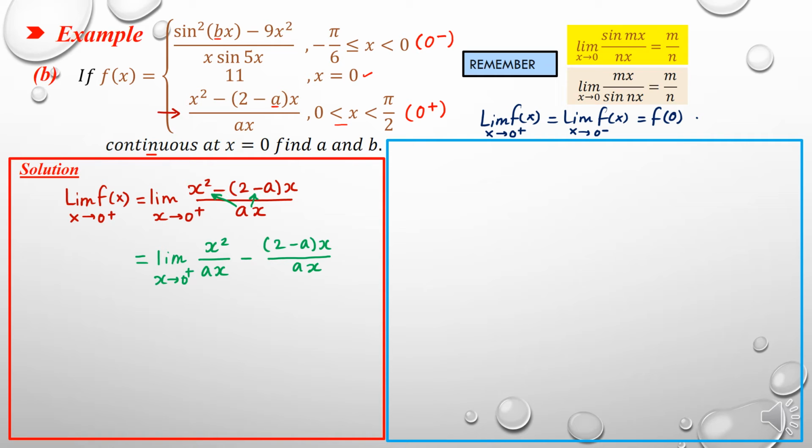Now you have to simplify the expressions you have, so you have to eliminate x with x here, and you will get x only in the top of the first rational expression. For the second one, you have to cancel also x with x, and you will get 2 minus a over a.